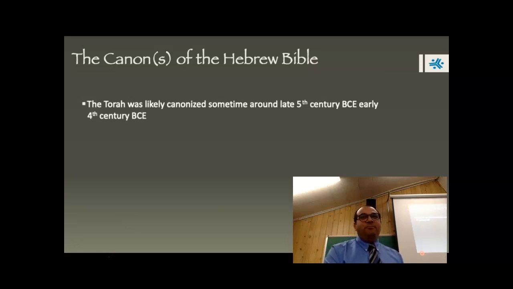Daniel is part of the Ketuvim, the writings, the 3rd part of the canon. What does that say about the genre, the type of literature that is the book of Daniel? Why is Daniel not among the prophets in the Jewish canon?